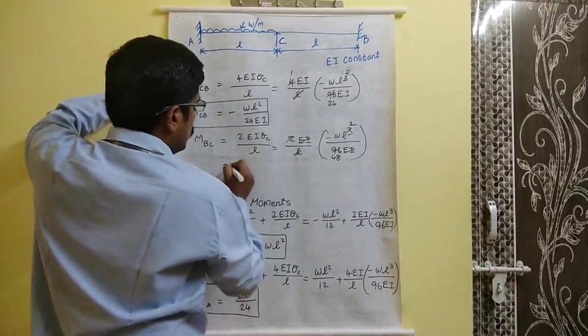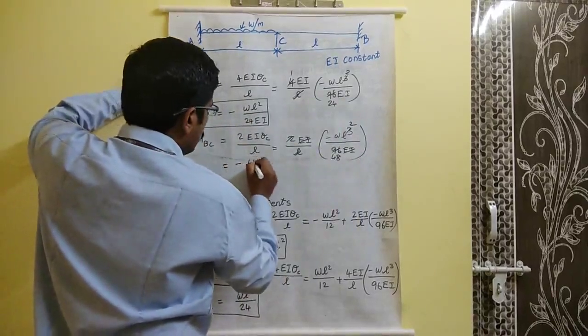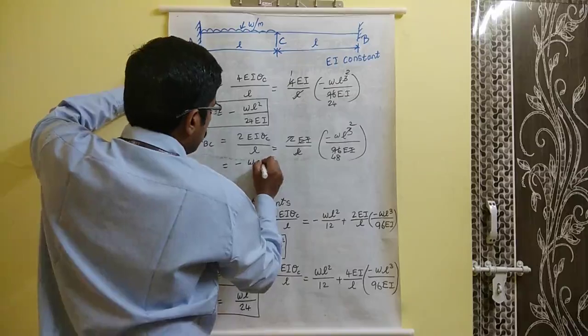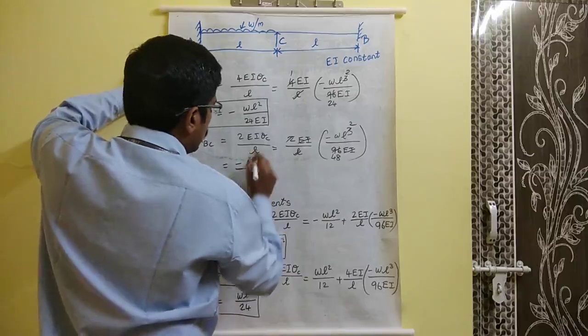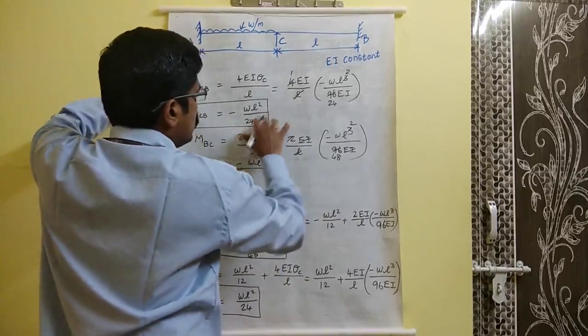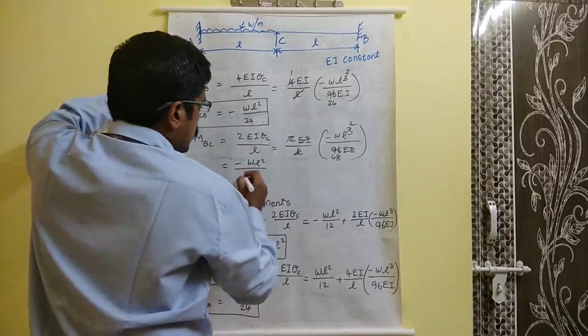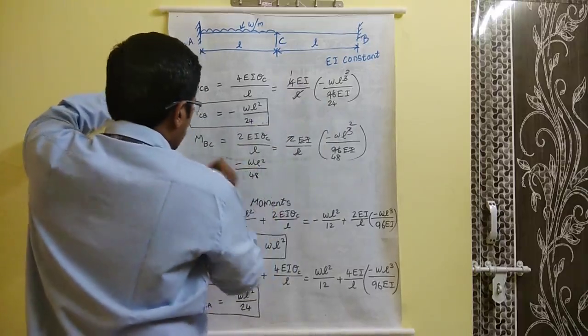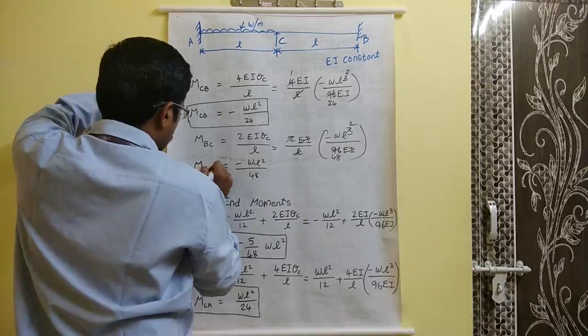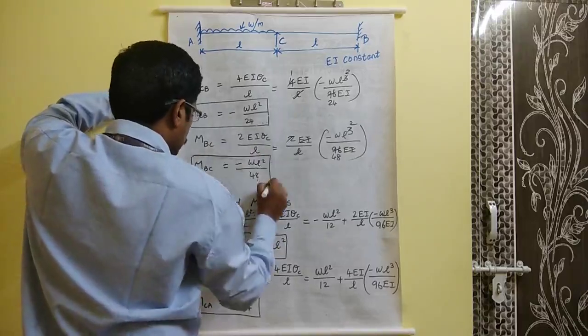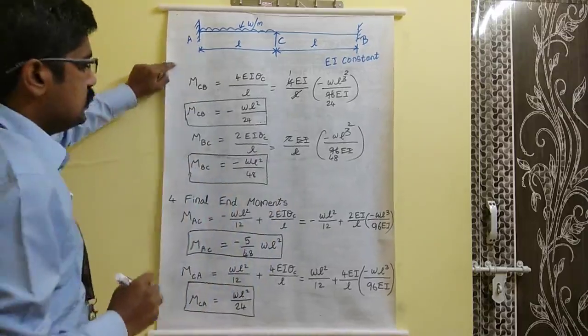So we won't get EI because EI gets cancelled. Here we will get minus WL square divided by 48, so MBC equals that. This is the final answer.